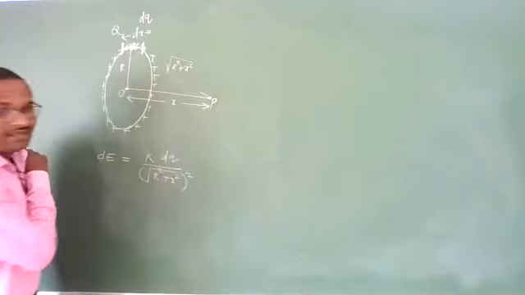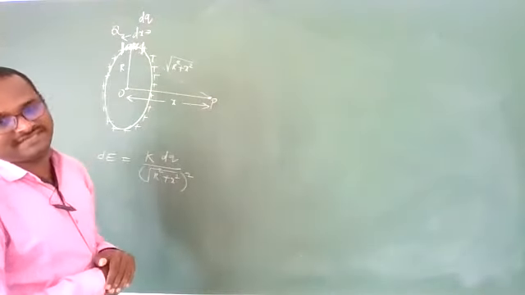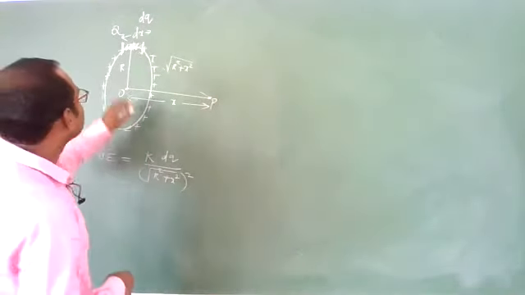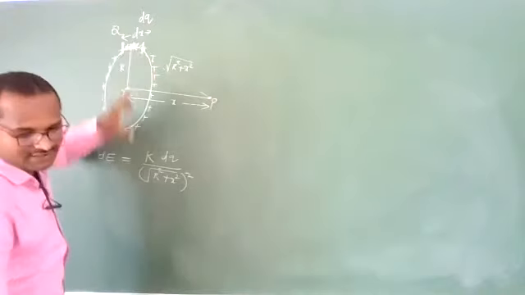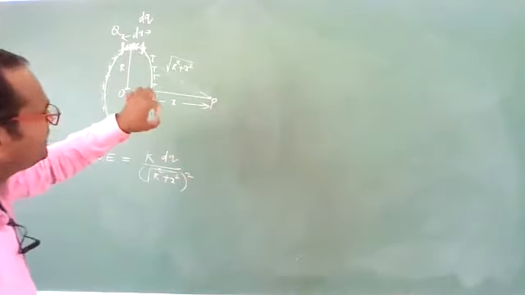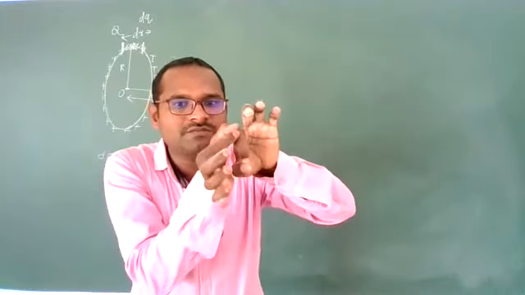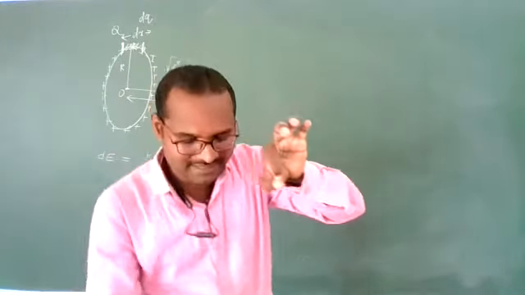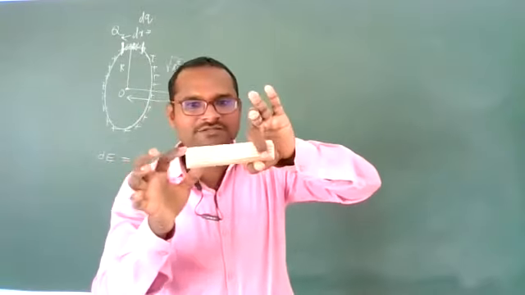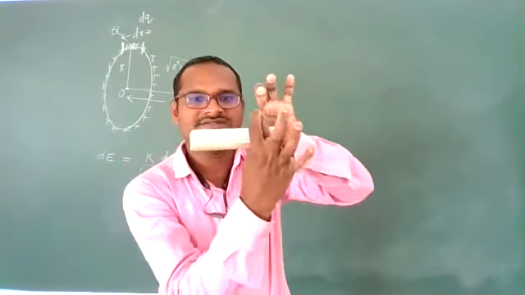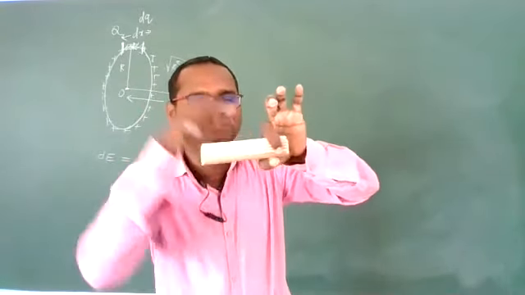Now see the direction of this electric field. Due to this elementary part, see my finger. Due to this small part, I want the electric field at this point. This is the ring and this is the center.